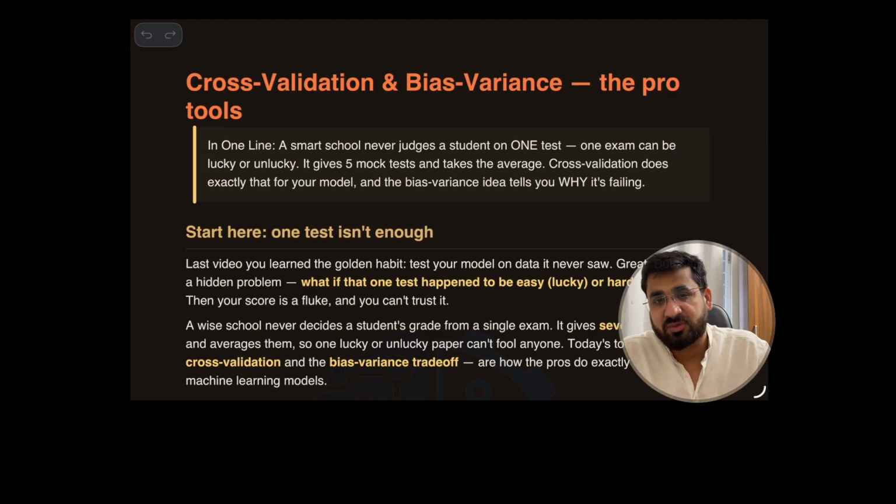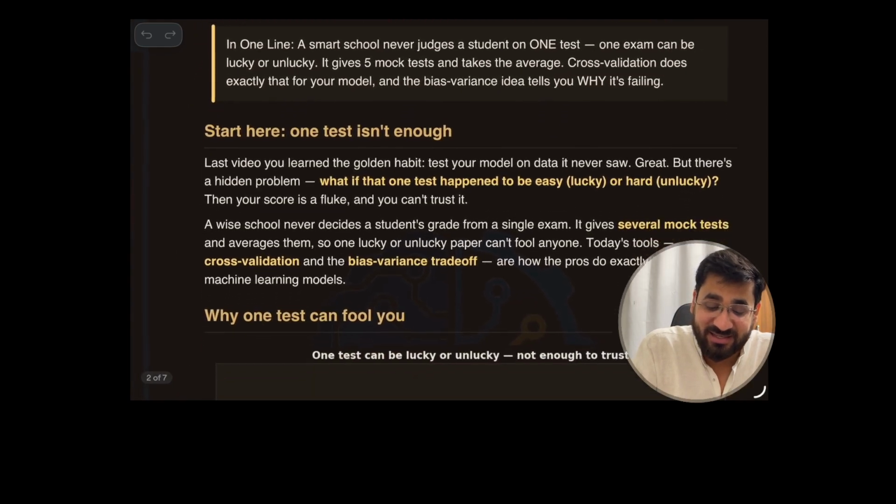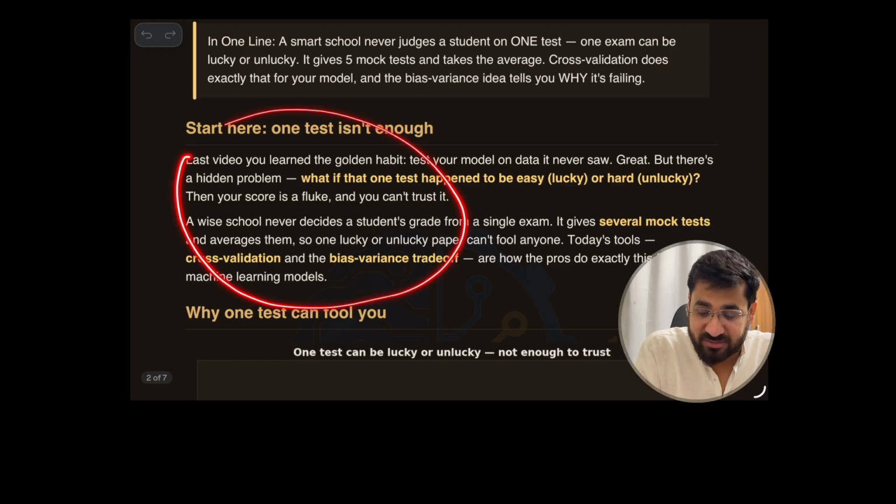It happens through many midterm exams, then monthly papers, like that. 10 papers happen and the average of that is your final score, right? This is exactly what we do in model scoring. Now you understand the whole thing. This is what the whole story is.